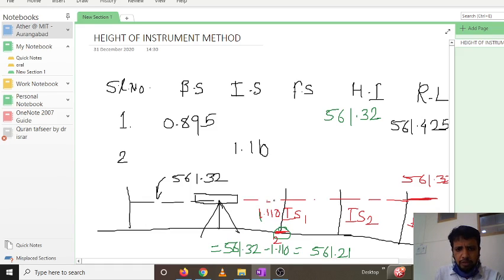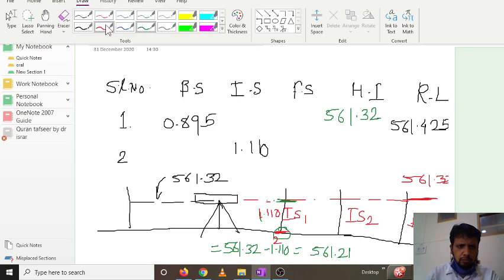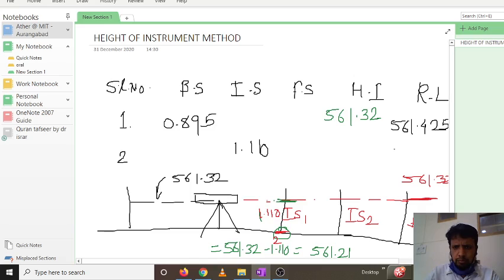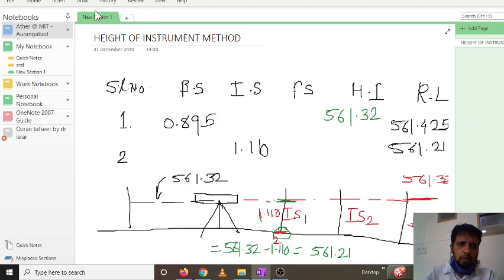You have to deduct this height 1.110 from this level so as to get the RL of this point 2. So what I will write here, 561.21. I hope that you will get this point.